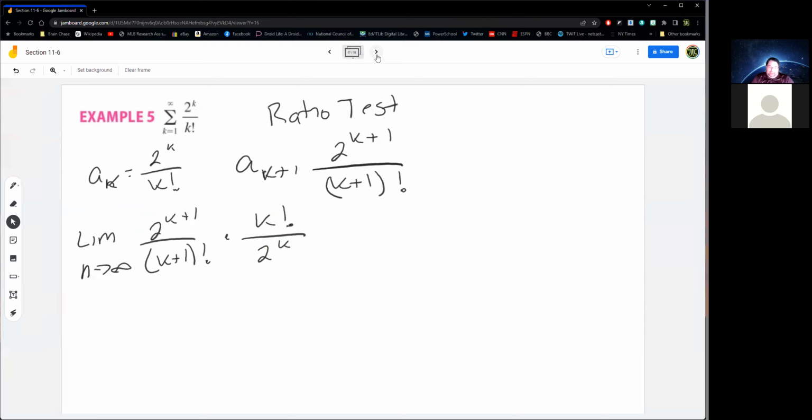Remember the top piece up here is just 2^k times 2. And this one down here is (k+1) times k factorial. So the 2^k cancels out the 2^k, the k factorial cancels out the k factorial.